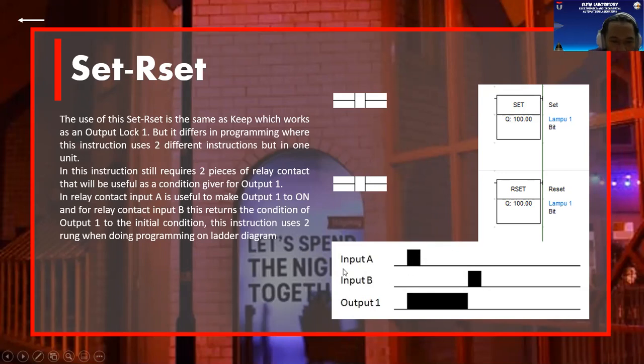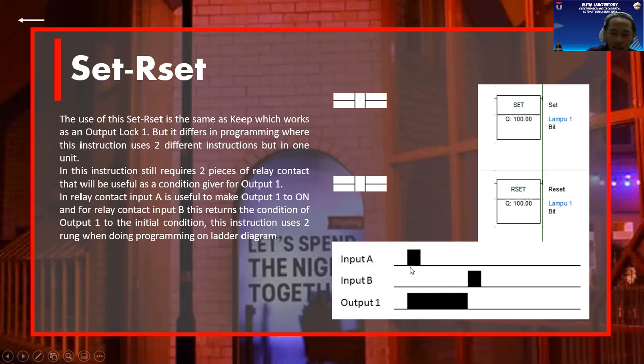The condition between set reset and keep is the same.